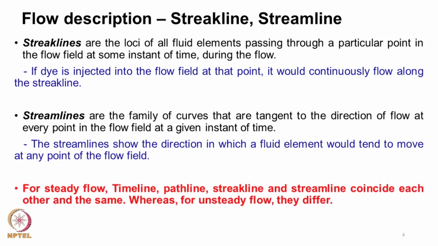We know a flow can be steady or unsteady. In a steady problem, all these 4 descriptions, path line, timeline, streamline and streak line, will all be the same. They will be different for unsteady flow, and this is to be noted very carefully.